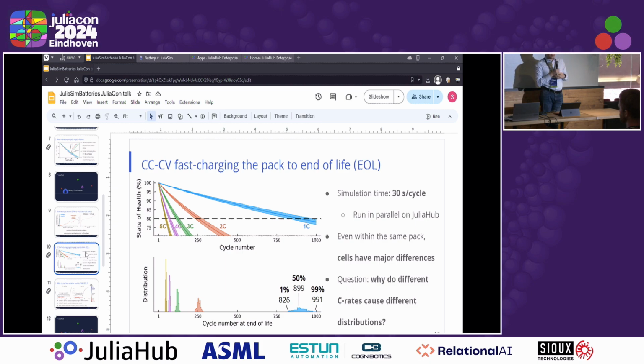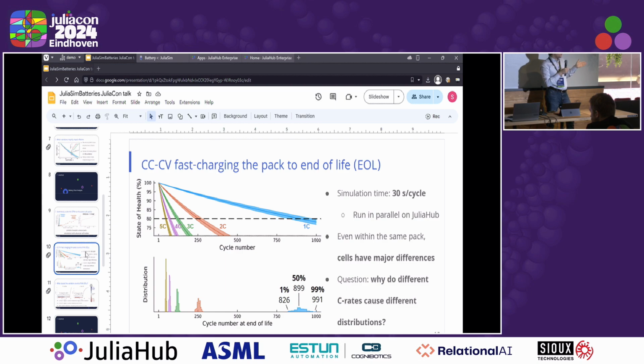One interesting thing to observe here is that the distribution of the cells in a pack varies with how fast we are charging. For slower charging, we have a quite wide distribution.